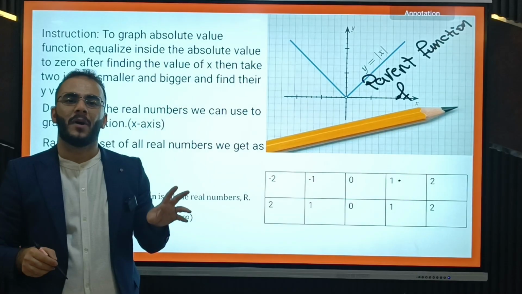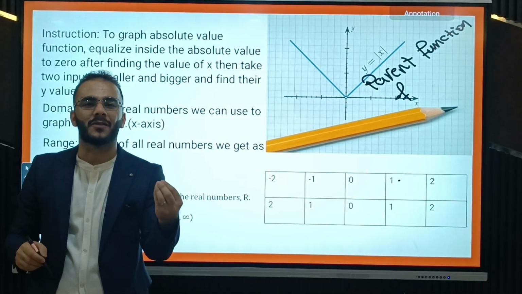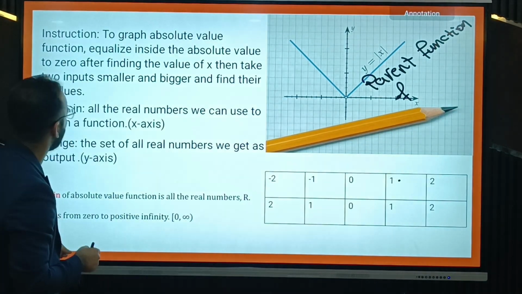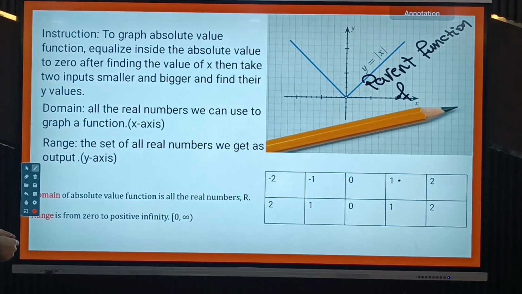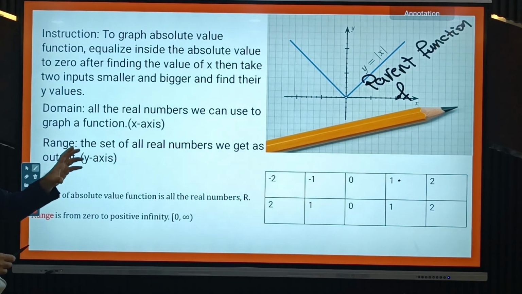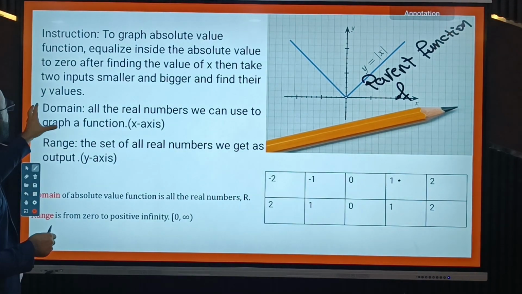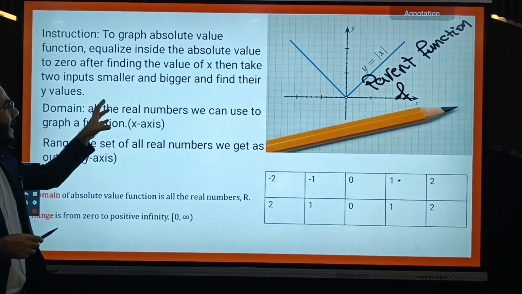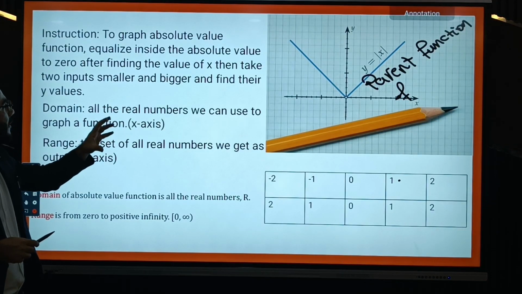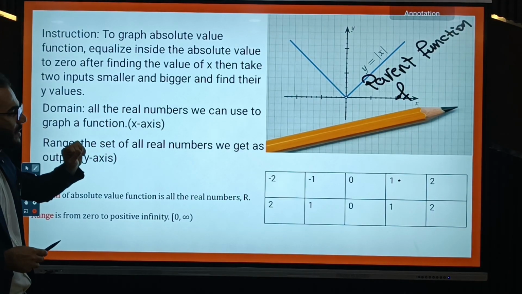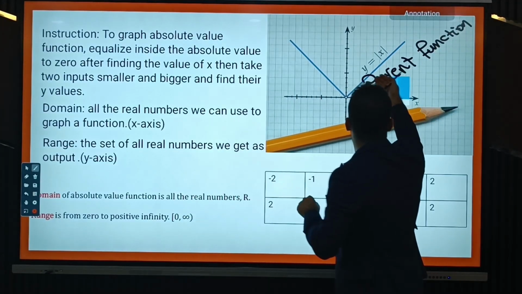It's the simplest form of absolute value. To graph an absolute value function, equalize the inside of the absolute value to 0. After finding the value of x, take two inputs smaller and two points bigger, and then find their y values.